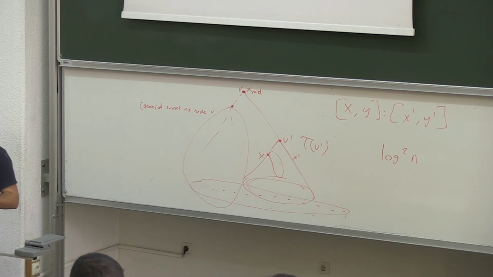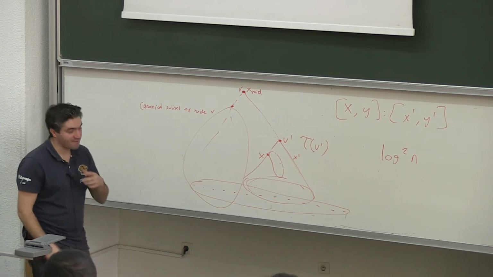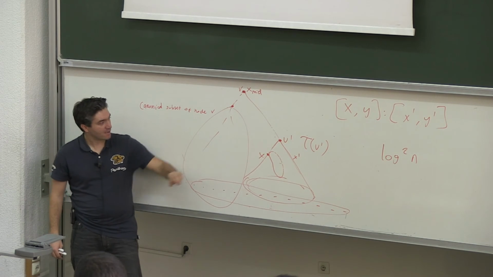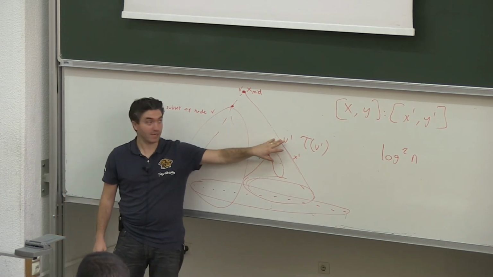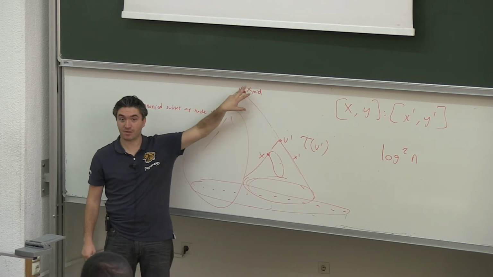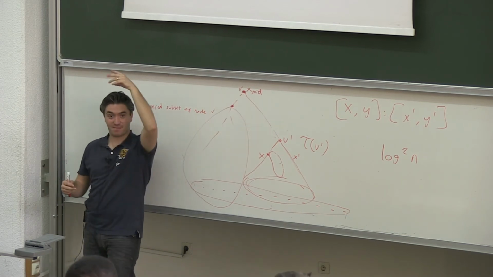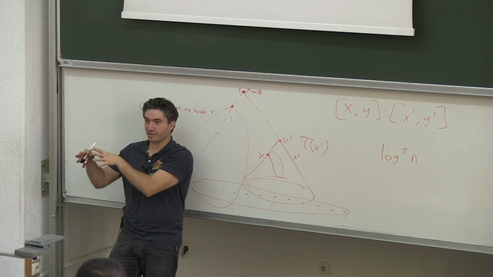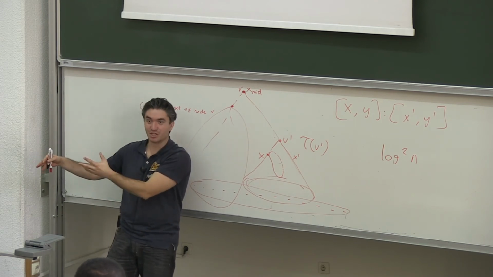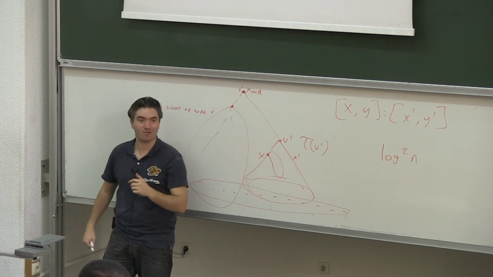But we can make use of the fact that the canonical subset of V prime is actually a subset of the canonical subset of V, right? If the parent node has a canonical subset, the canonical subset of a descendant node is a subset of the parent's.